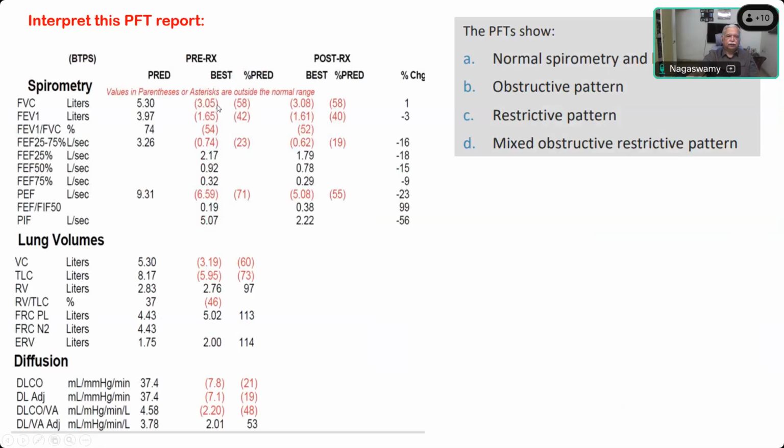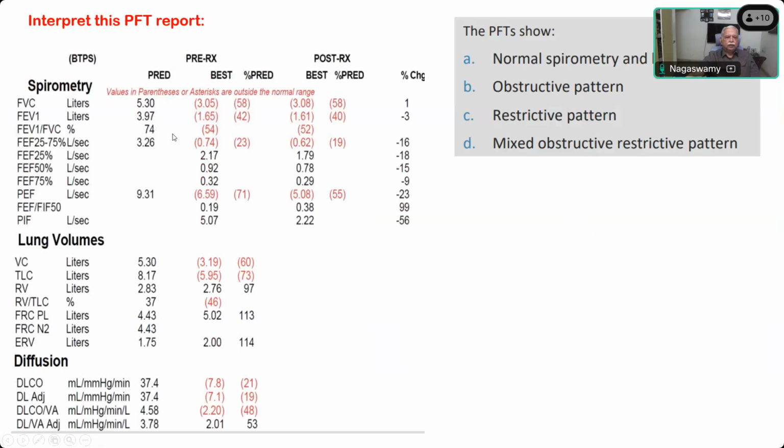That is reduced to only about 58% of the predicted or standardized value. FEV1 is also quite low compared to the 3.9, which should be the predicted amount. It is only 1.65, 42%.